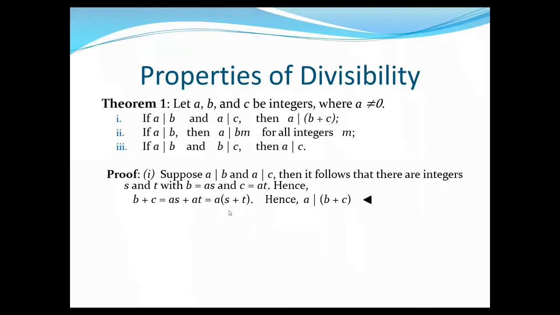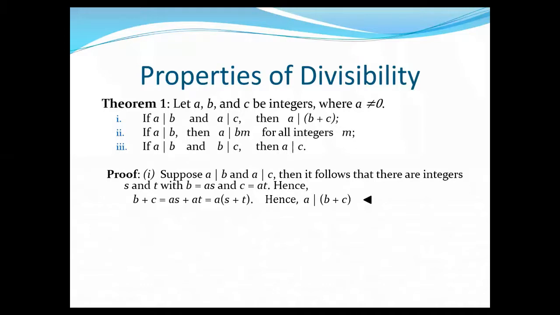A times any value is equal to B plus C. So this is the definition, or the format, of division. Am I right? Any value multiplied to your factor will yield this dividend, which is B plus C. So therefore, it's correct.